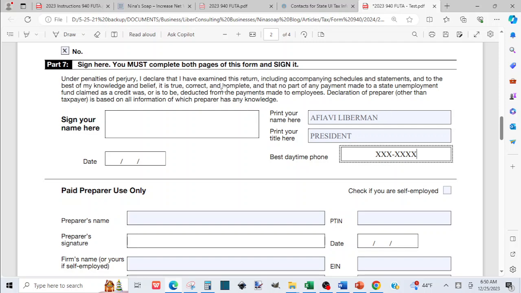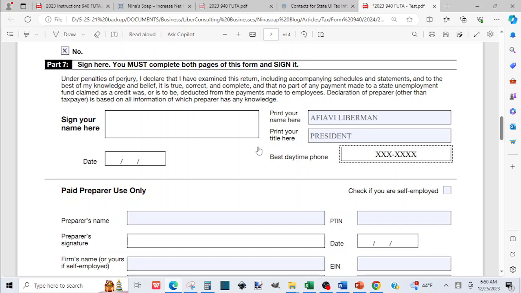So who must sign Form 940? If you are an LLC taxed as an S Corp, any officer of the business, the president or the vice president, can sign the return. Either one, one of those people can sign the return.